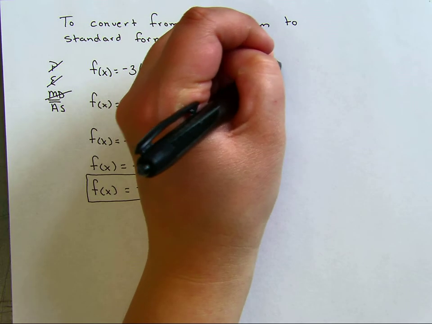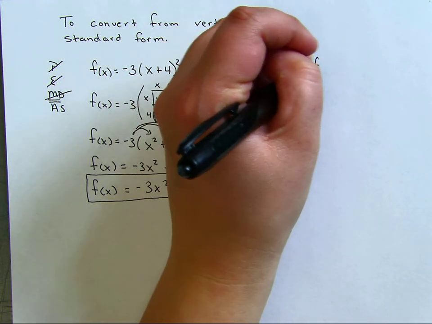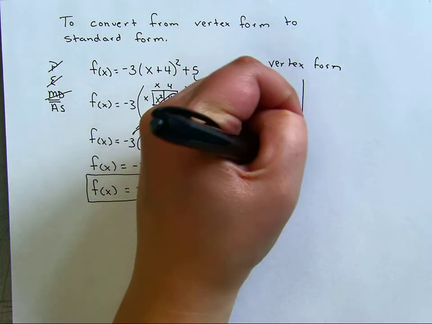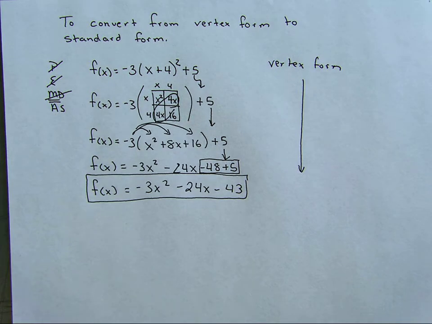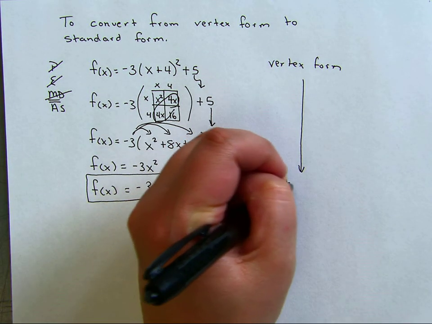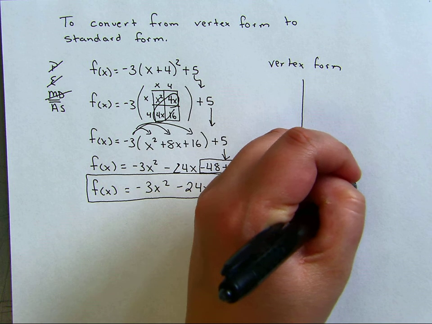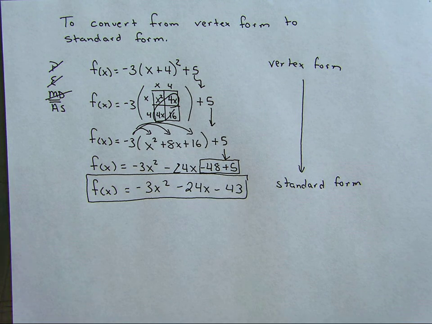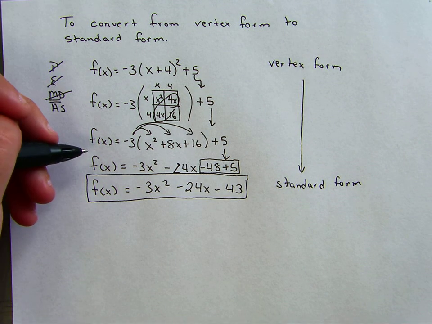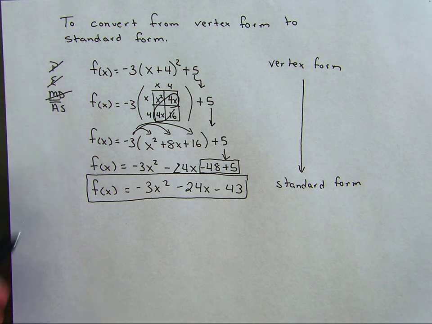So we started with vertex form, and we were able to go into standard form. Now in tonight's homework, I'm just asking you to do that for the first 3 problems.